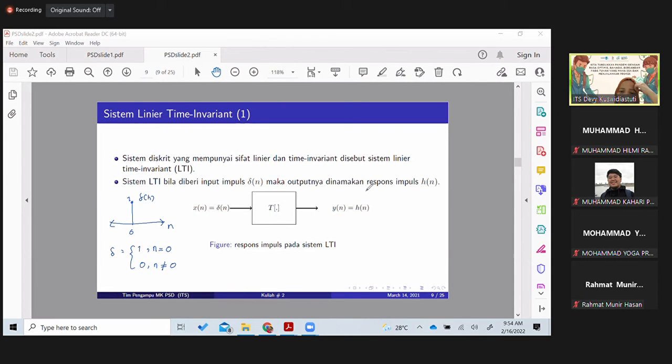That is why it is important to know about the impulse response, because we could understand the system if we know the impulse response of the system. So it is the response or output of the system when the input is a unit impulse.